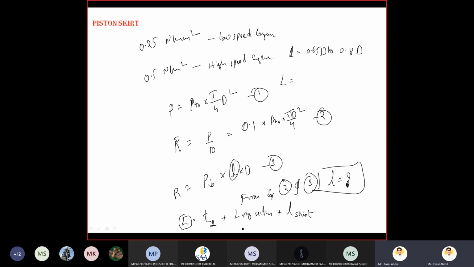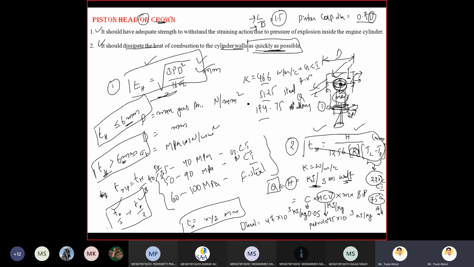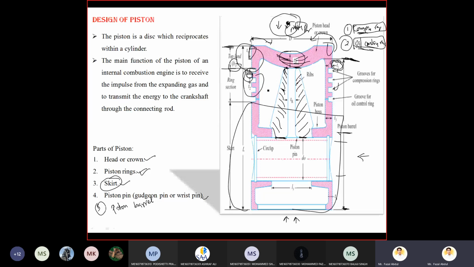And how is the length of the ring section calculated? After calculating the land value b2 and the D2 value, this is the total length of the ring section.